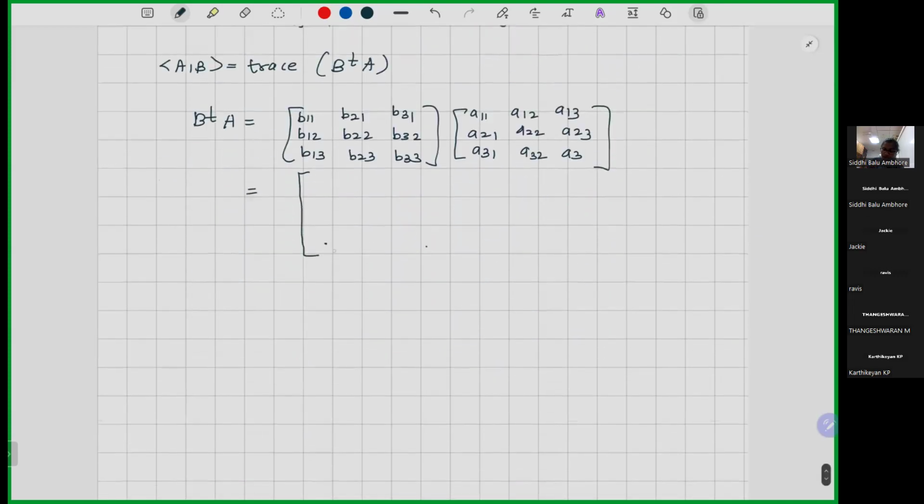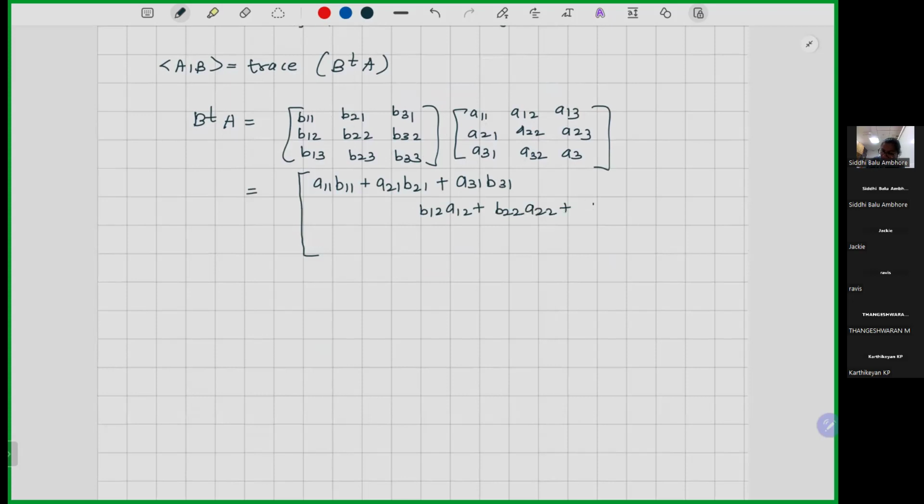The second row, second column is B12, A12, B22, A22.